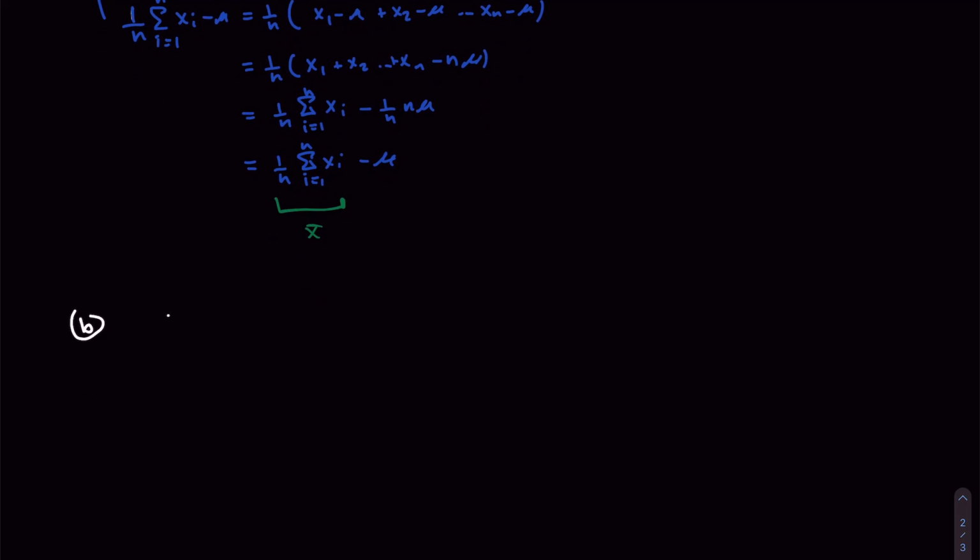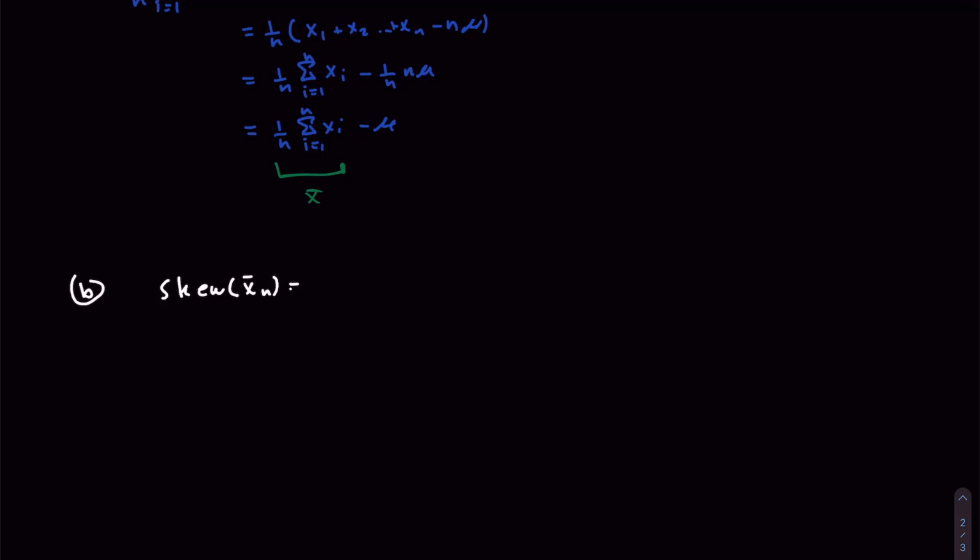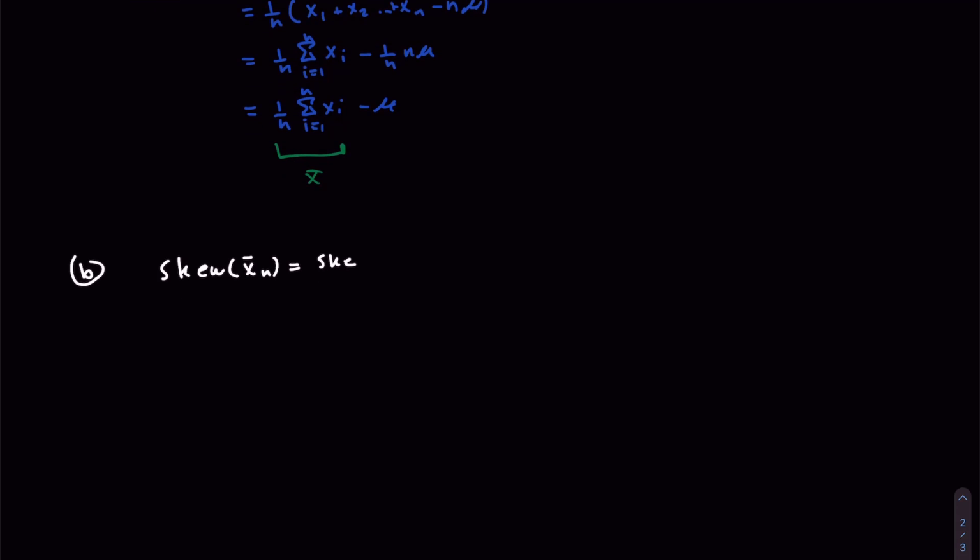So we want to now actually determine what the skewness is, and let's, for the sake of simplicity, work with the skewness of the standardized version, which is a little easier to work with. Okay, so we're not losing any generality by doing this maneuver, but it'll be a little easier to work with.